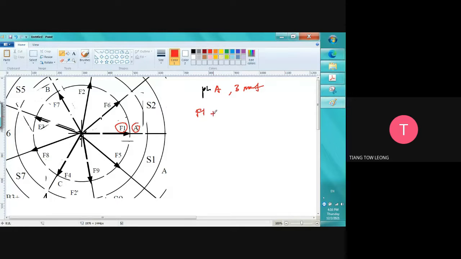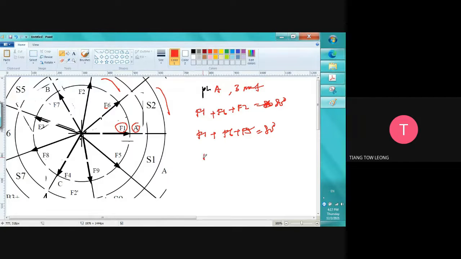It can be F1 plus F6 plus F2, which is 40 plus 40, 80 degrees. F1 is a must. Then F6 and F5, which overall is 80 degrees.